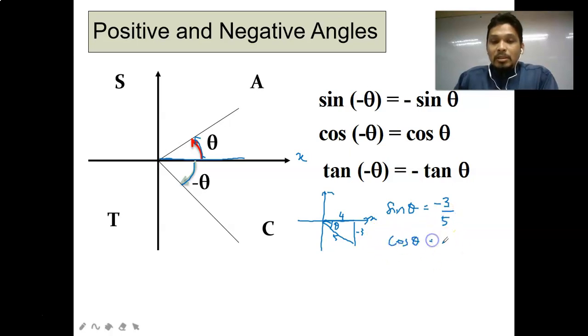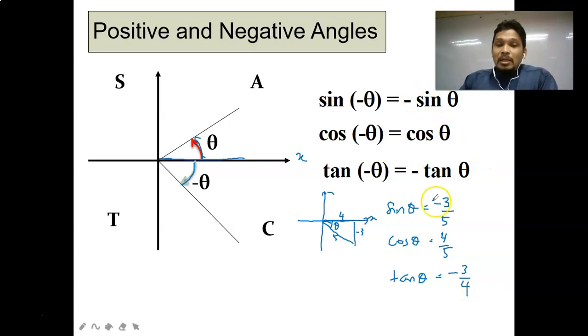Cos theta equal to adjacent, which is 4, divided by hypotenuse 5, 4 over 5. And tangent theta equal to opposite divided by adjacent, which is negative 3 divided by 4. Negative 3 divided by 4. So please refer to this one here now. Sine is negative. Cos positive, here positive 4 over 5. And tangent negative.